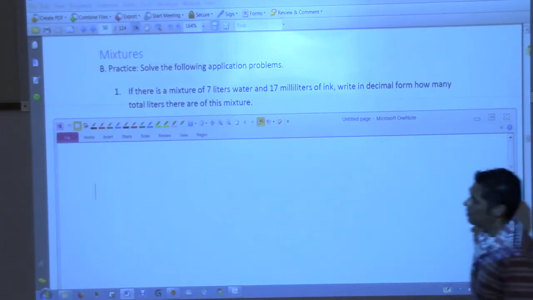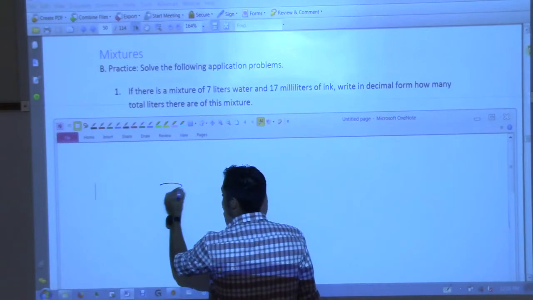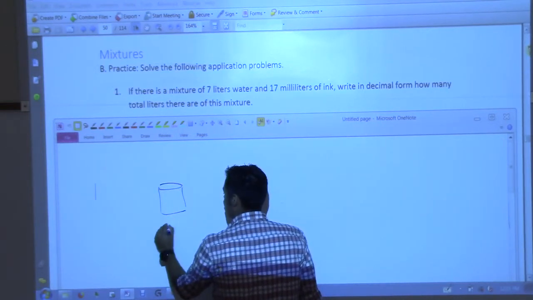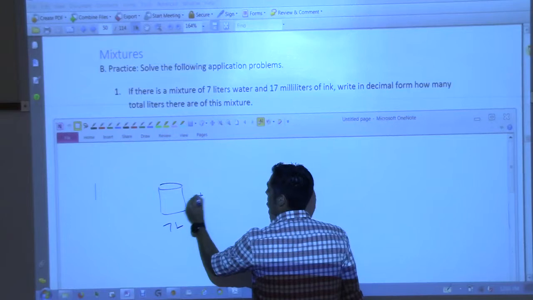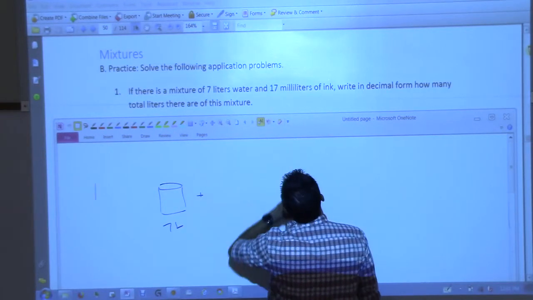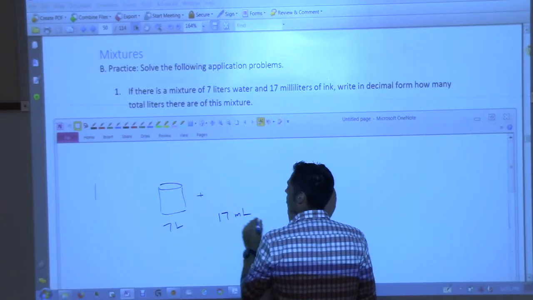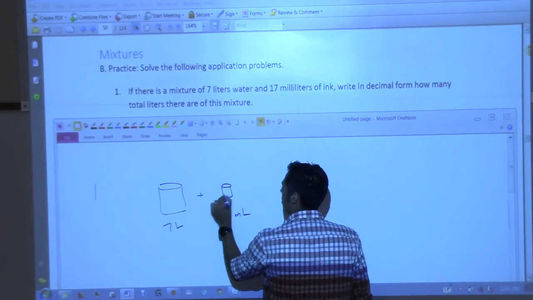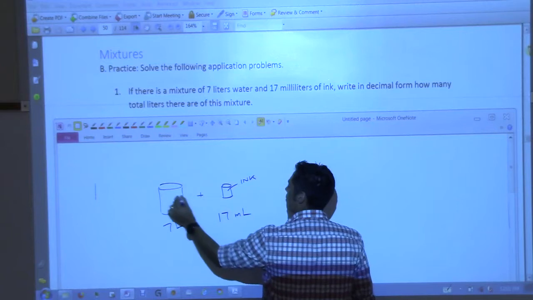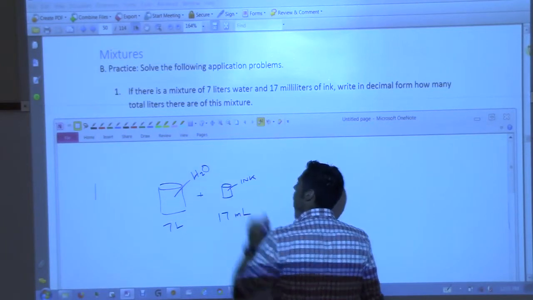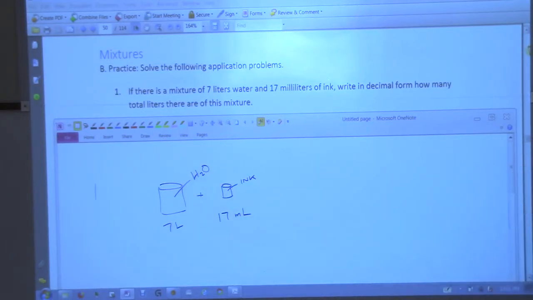We've got 7 liters of water sitting in some jug. And then we're adding to that also 17 milliliters, right? That's our ink. And this is our water, H2O. And they want to know in decimal form how many total liters there are.